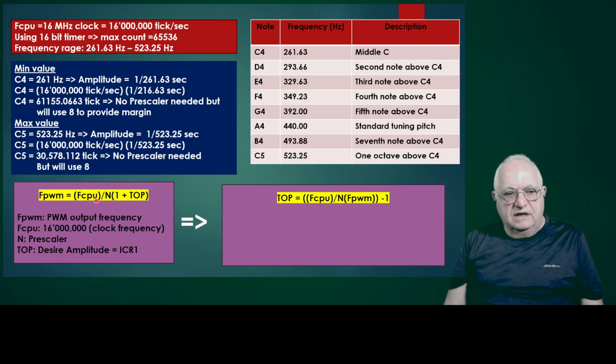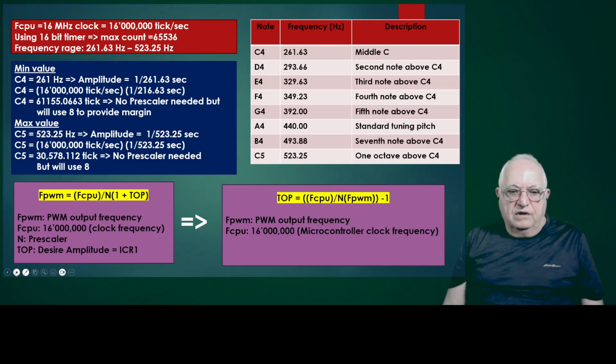So I just take this equation, turn it around, and the top is equal to the microprocessor clock divided by the pulse width modulation frequency times the scaler, and everything subtracted from 1. So that's output pulse width modulation, our clock, prescaler, and this is the top that we have to use.